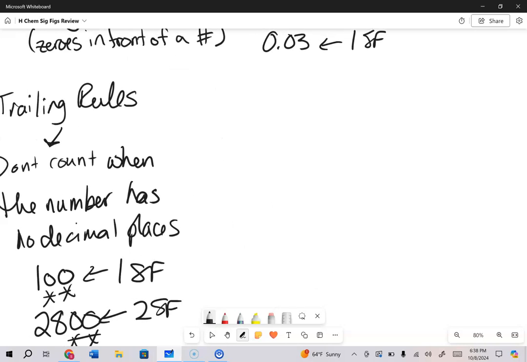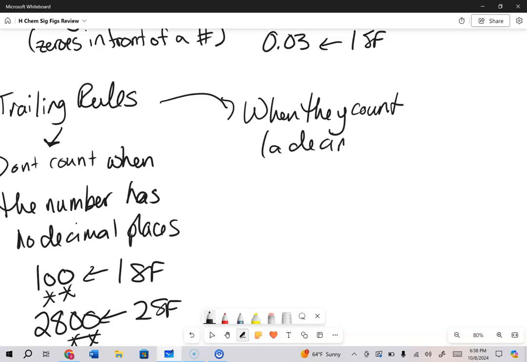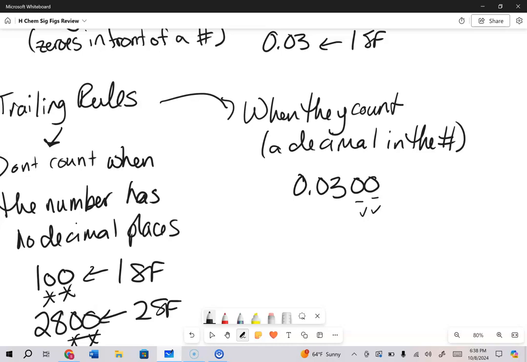Okay? The other rule for trailing zeros was that they count when there is a decimal number. So for instance, these zeros both count because they come after a decimal.